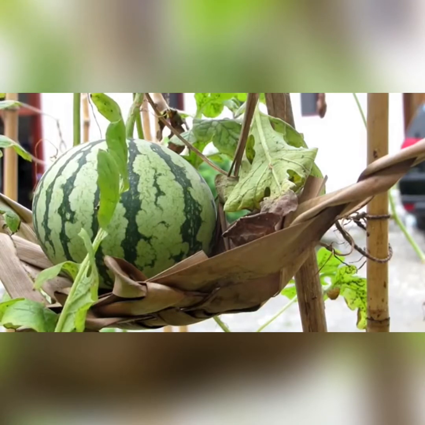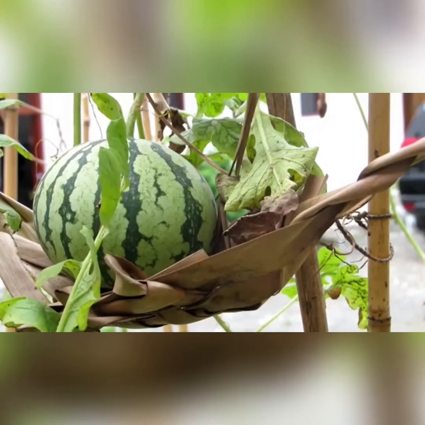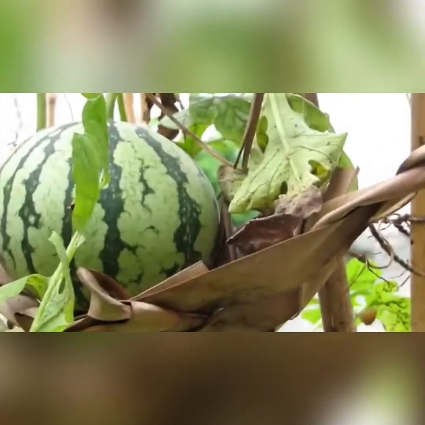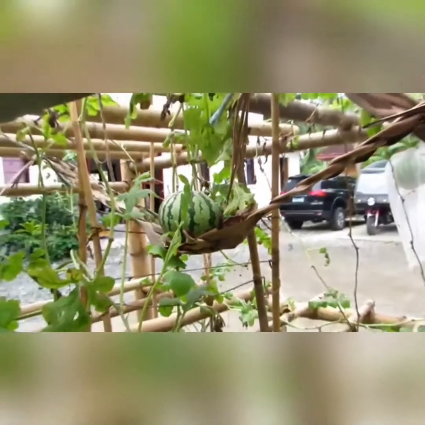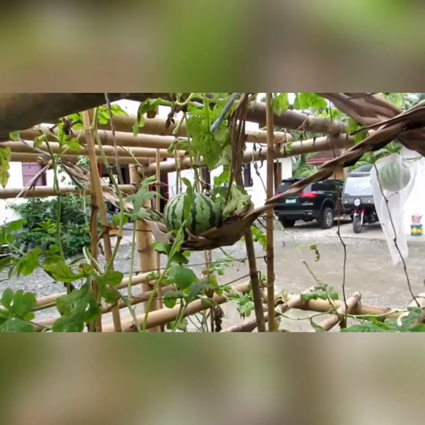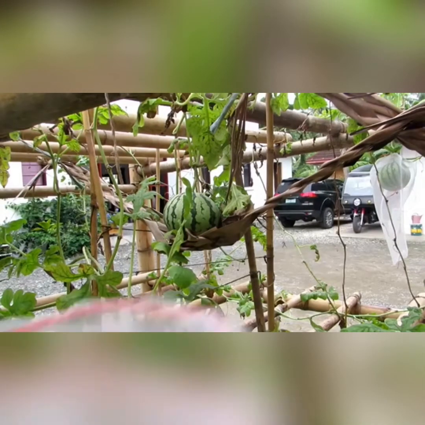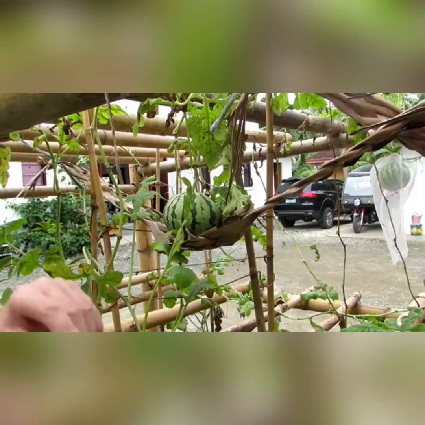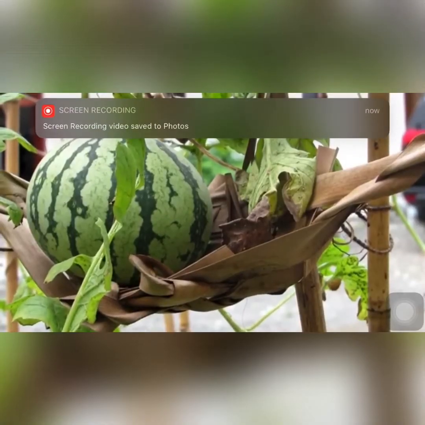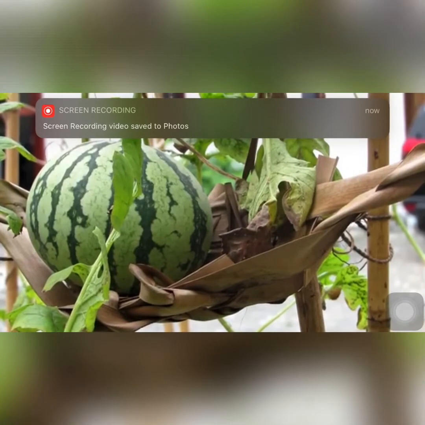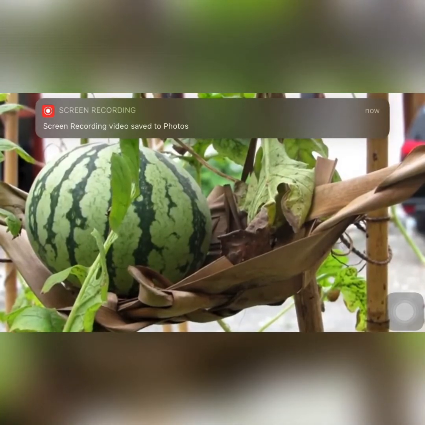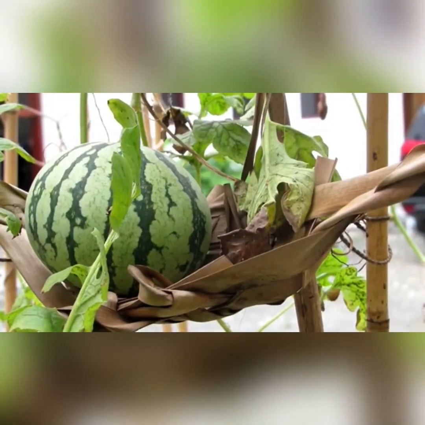When the vines begin to ramble, give watermelon plants a dose of boron to help them produce sweeter fruits. Dissolve 1 tablespoon of household borax in 1 gallon of water and spray the foliage and the base of watermelon plants.